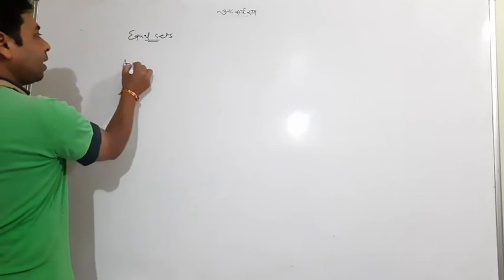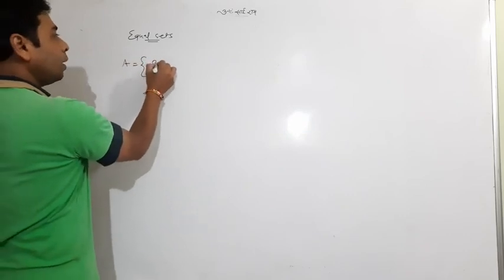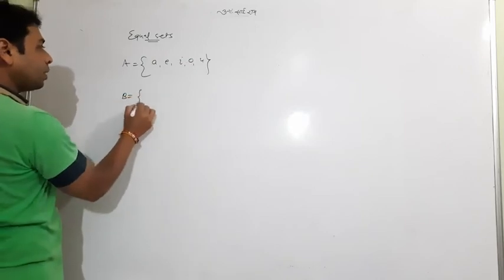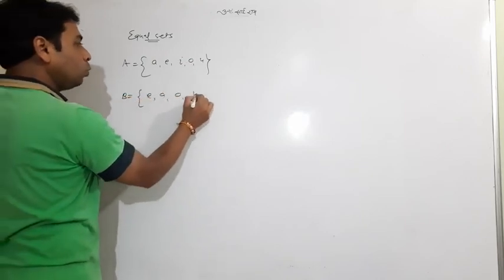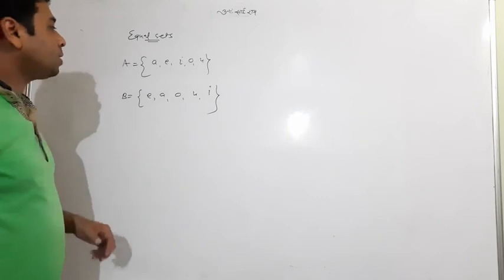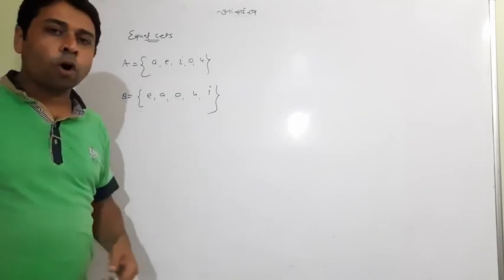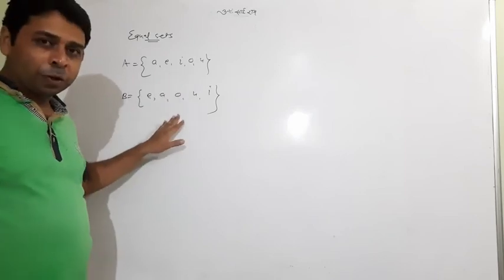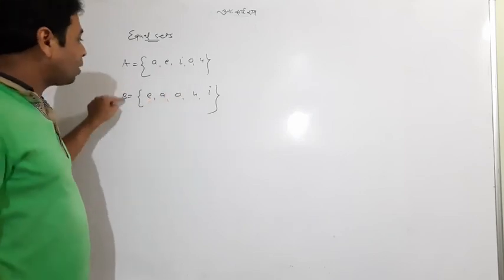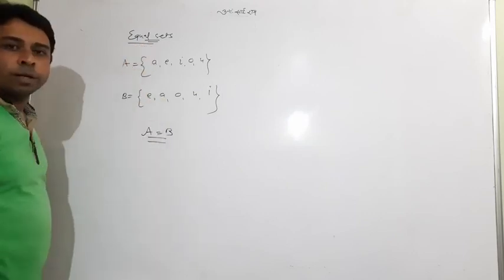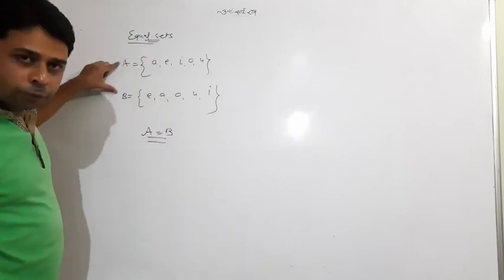If I am writing A is equal to {a, e, i, o, u} and B is equal to {e, a, o, u, i}, and I ask you what about these two sets? Even though the elements are in a different order, the elements are equal. So when elements are equal, sets are also equal. This is a very simple sentence for equal sets. These two are in roster form.